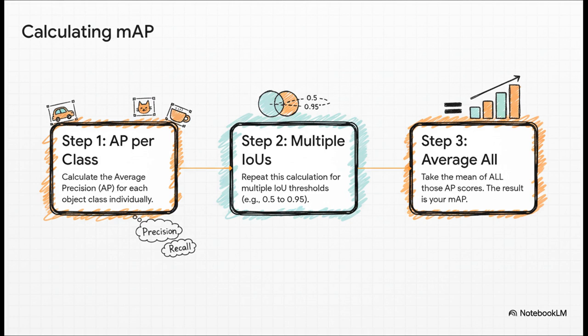We might calculate all the APs using a 50% IoU overlap, then do it all over again at 55%, then 60%, all the way up to a really tough 95% overlap. Finally, you take the average, the mean, of all of those AP scores across all the classes and all those different IoU levels. And that final number? That is our mean average precision.